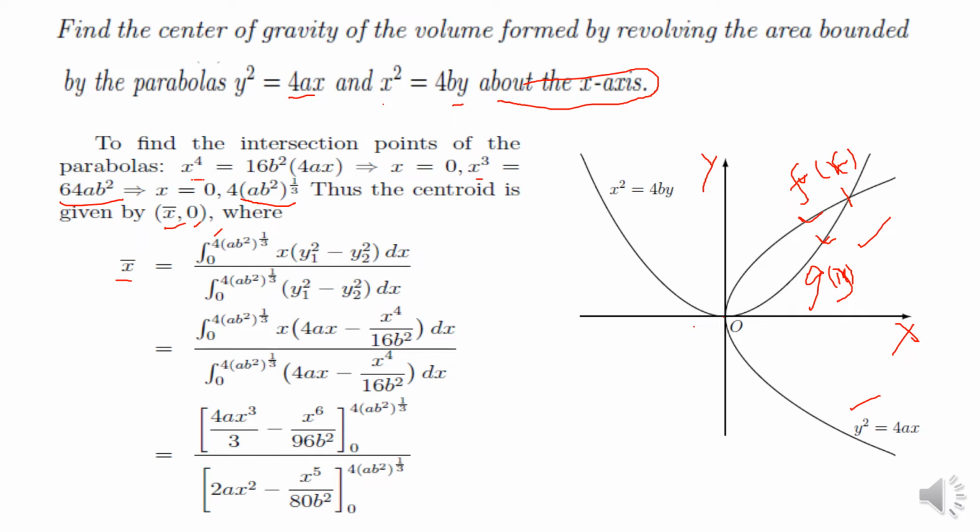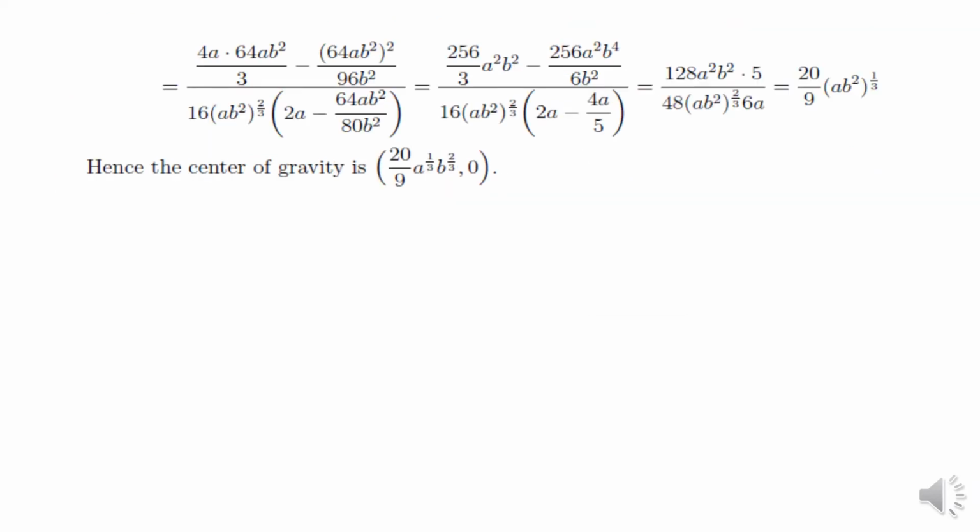And f(x) minus g(x) is y1 squared minus y2 squared, so we put 4ax minus x to the power 4 upon 16b squared. The limits are known, this is the numerator part, and in the denominator it is the area, that is the integral of f(x) minus g(x), the same 4ax minus x to the power 4 upon 16b squared. Once we put the limits and integrate, we get 20 upon 9 a to the power 1 by 3 b to the power 2 by 3, and 0. So this is the center of gravity.